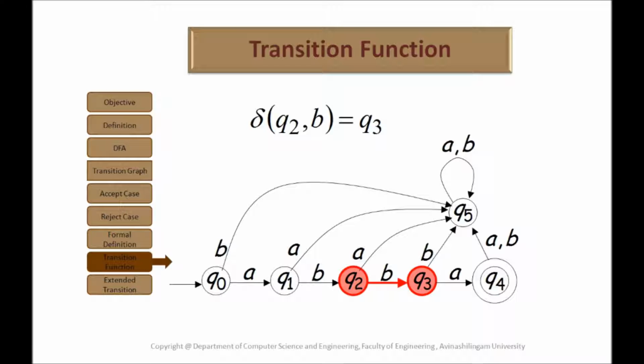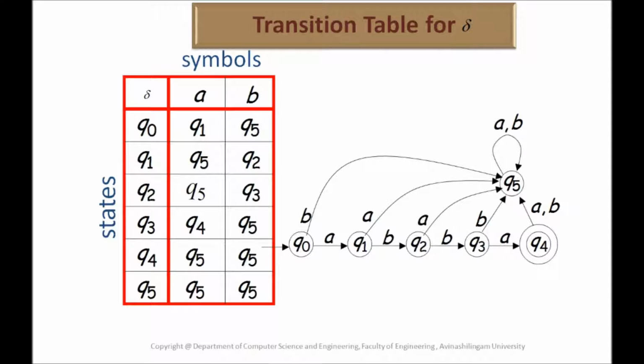Here we have drawn the transition table for the transition function. Here we have the transition graph. In this, from Q0, using input symbol A, it goes to Q1. From Q0, using input symbol B, it goes to Q5. From Q1, using input symbol A, it goes to Q5.